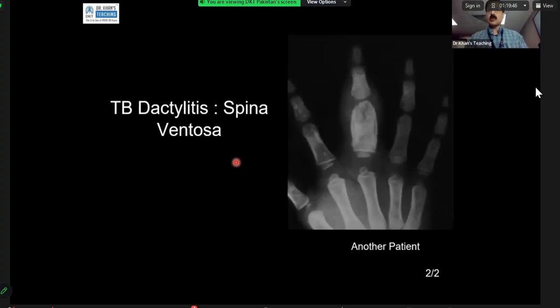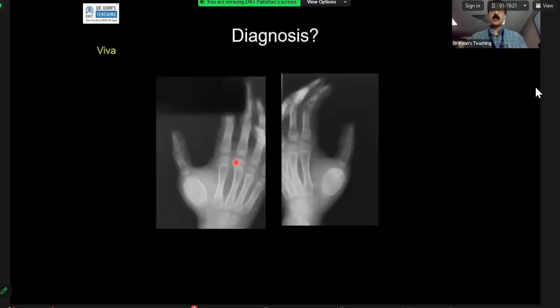Historically speaking, the word spina ventosa is a German word, meaning a short bone which is inflated with air. Interestingly, historically speaking, this is the first abnormal diagnosis which was made on an X-ray, by the way, in a child. The X-ray of a child was spina ventosa.